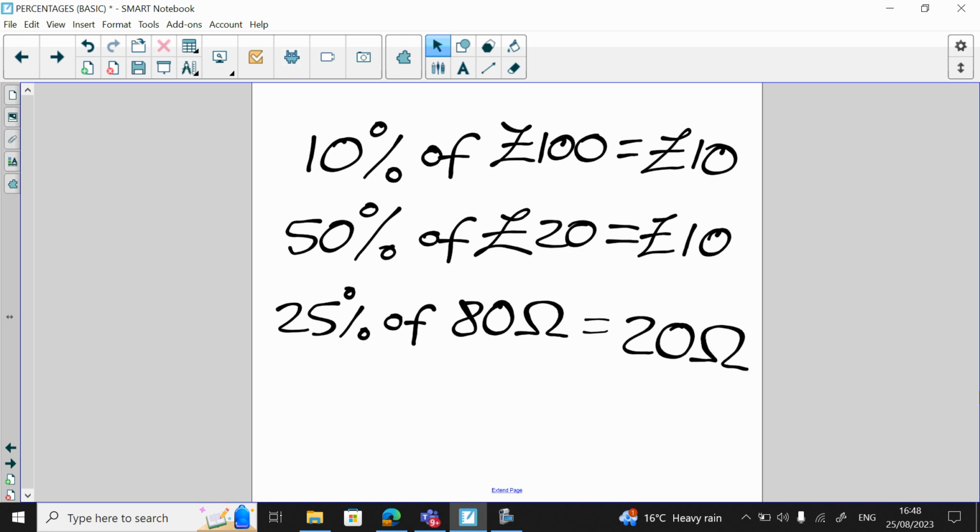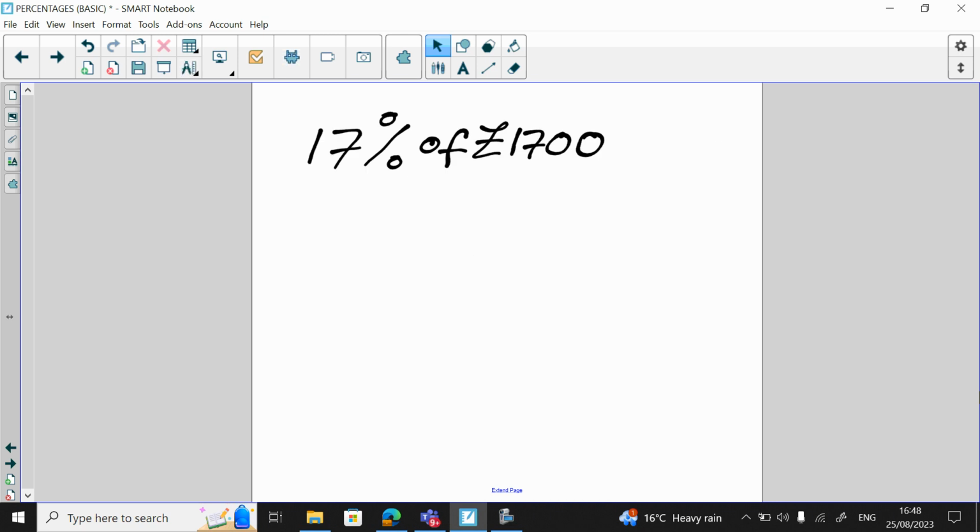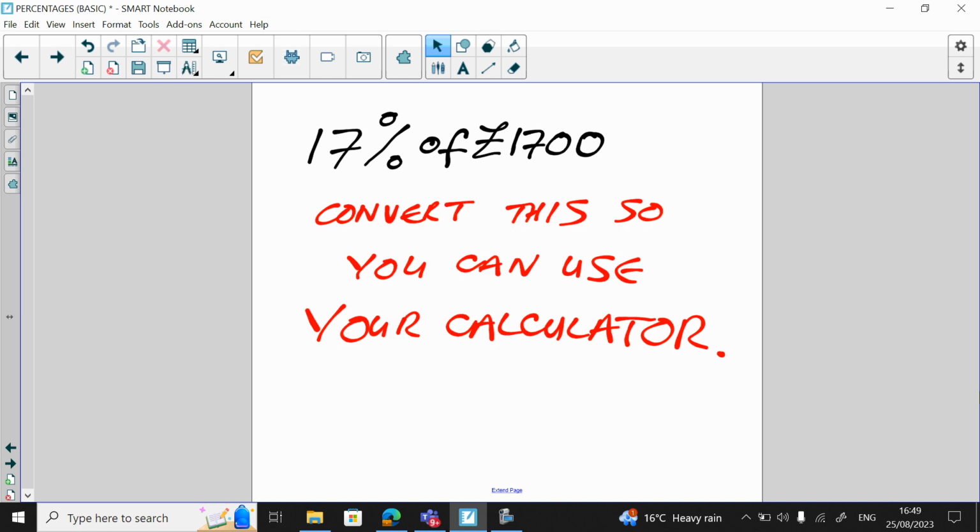So let's go for one a little bit trickier. Let's go for 17% of £1,700 or whatever it is. The way I'm going to operate here is this. I'm going to take the 17% and turn that into the fraction. So I'm going to convert this so I can put it in my calculator.